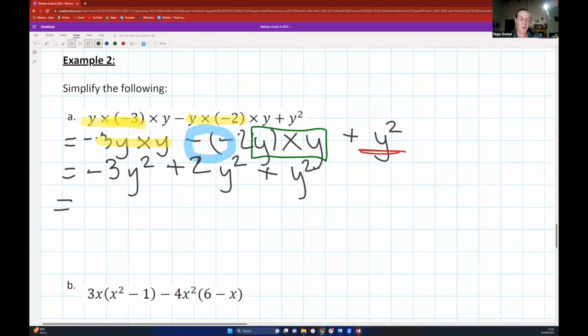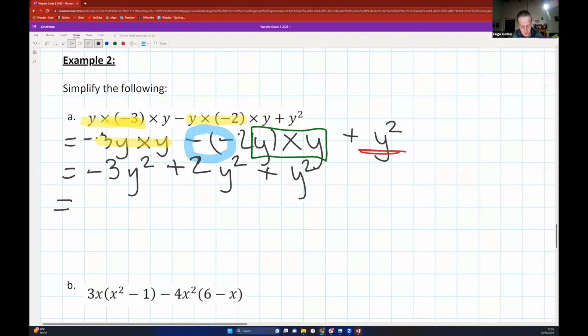Yes, yes, yes. We can add them. Well done. I'm just checking to see if everybody's on the same page as I am. We can add them because they are all like terms. Nothing is funny about them. There's no x, there's no y squared and then y cubed and then a normal y. It's all y squared, okay? So they are all like terms. That's why we can add them up.